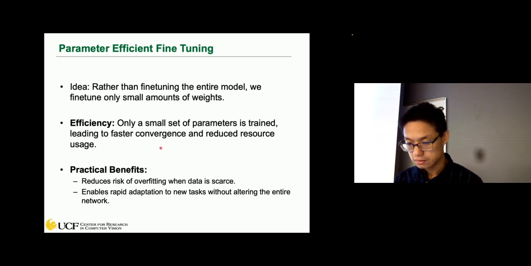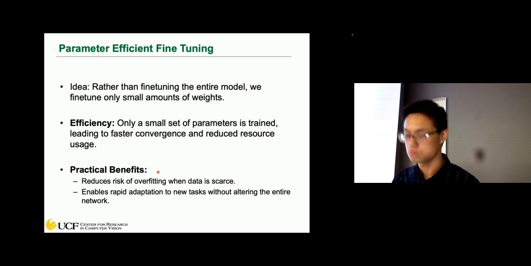And this has a couple of benefits. The first and most important is efficiency. Because we are tuning only a small subset of the parameters, it's very fast to converge and uses fewer resources. Another practical benefit is that these large models are over-parameterized, so if you don't have a lot of downstream data, you have a high risk of overfitting.